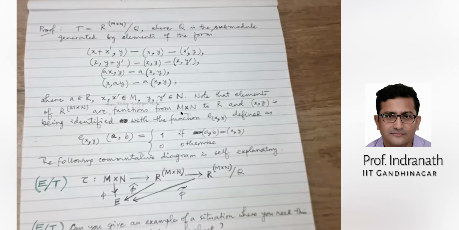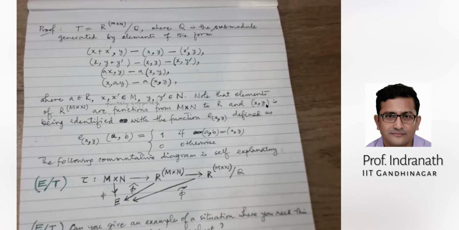So finitely supported functions from M cross N to R, and then X comma Y is being identified with the function E suffix X comma Y. This is a kind of abuse of notation. Really speaking, by this I mean E with suffix X plus X dash comma Y.